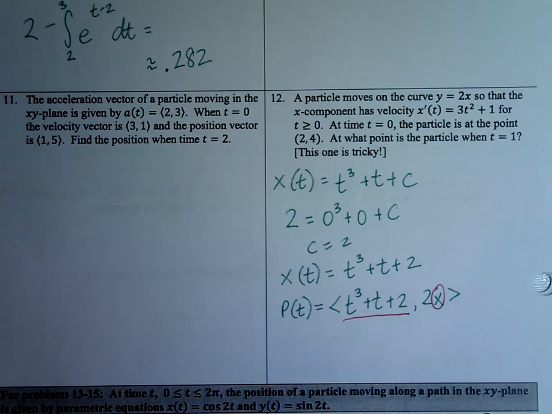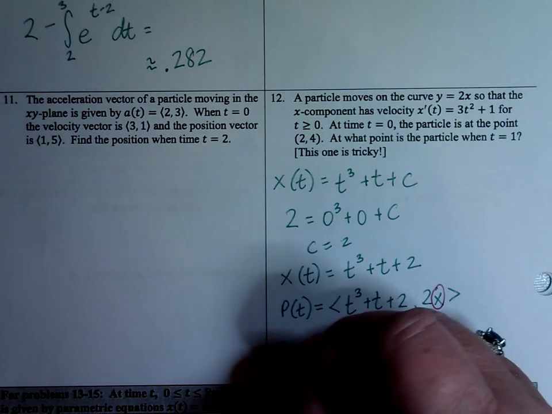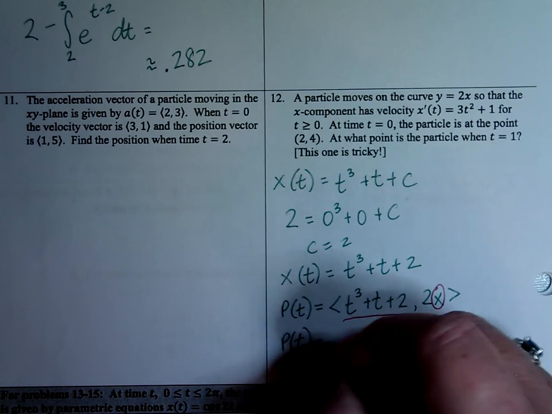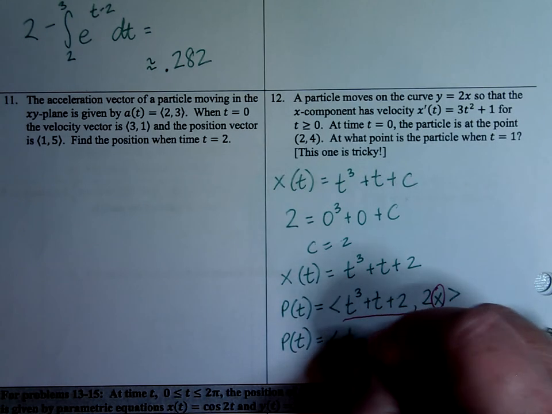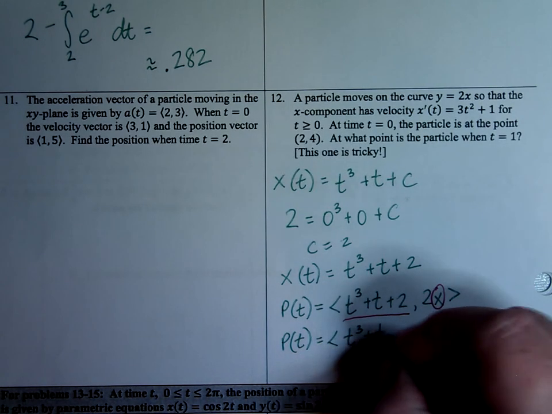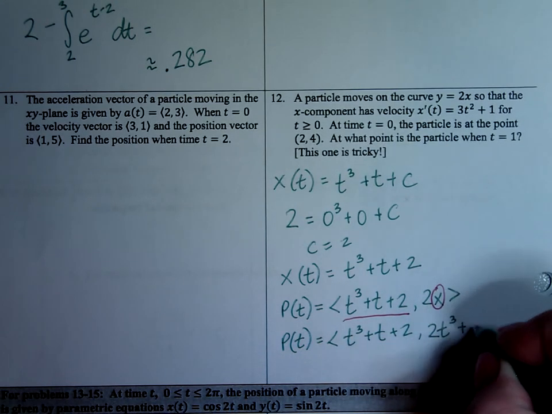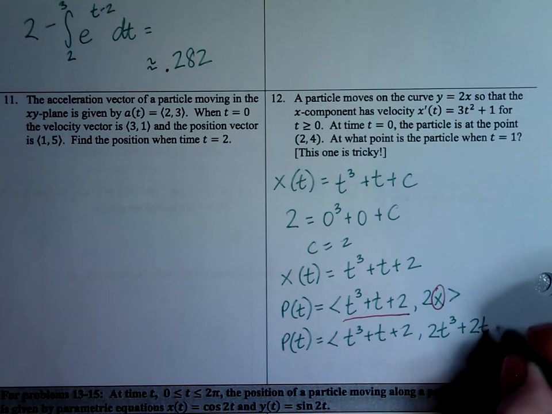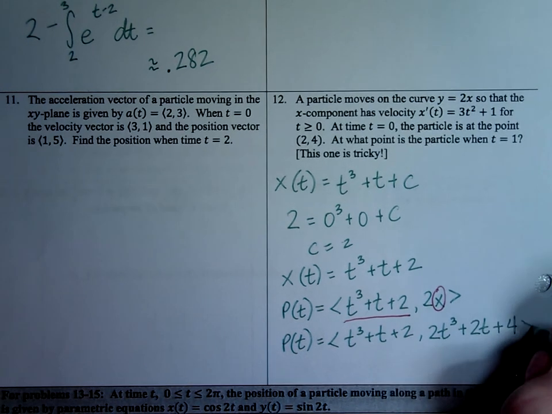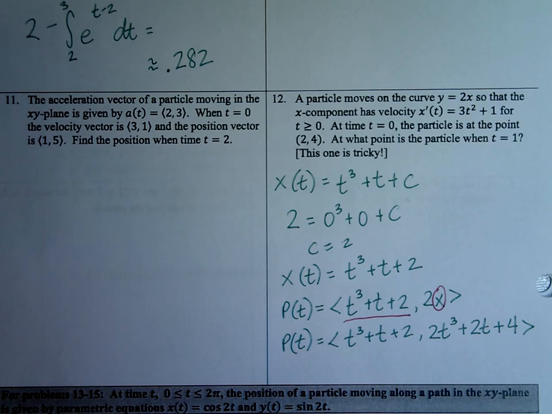So all you need to do to put your position vector together is the x component stays the same. Y component, multiply each piece by 2, is 2t cubed plus 2t plus 4. That's your y component, and that's what's semi-tricky about this.